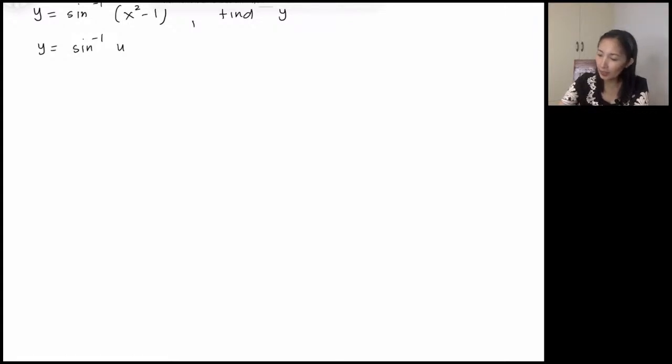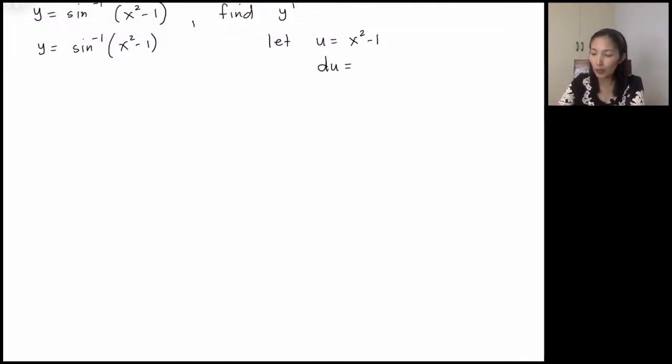So in this case, we let u be equal to x squared minus 1, and we let du be equal to, differentiating x squared minus 1, 2x.